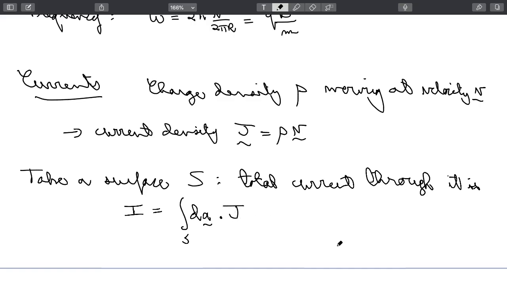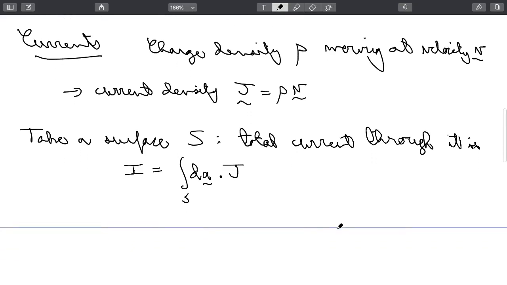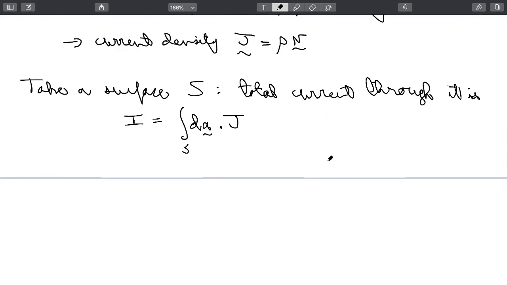So then you're really talking about the amount of charge per unit of time that goes through this thing, whereas J has units of charge per unit of time, but also per unit of area. So we can write an extremely important equation from just basic considerations here.